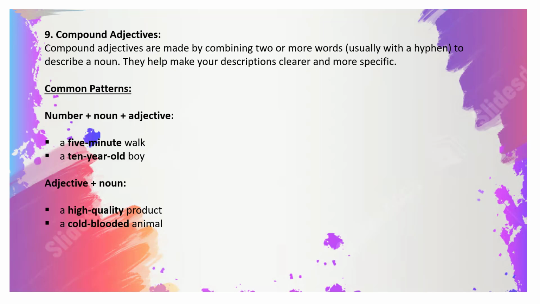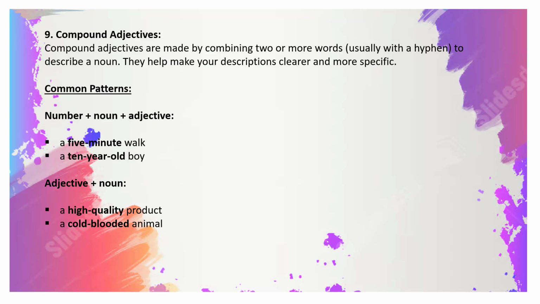Compound, the word suggests that something is joined together. When we join two words with a hyphen to describe a noun, to give more information about the noun or pronoun, they help us make a clear description of the noun.